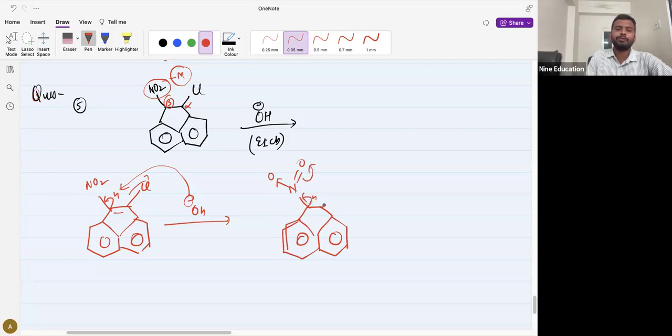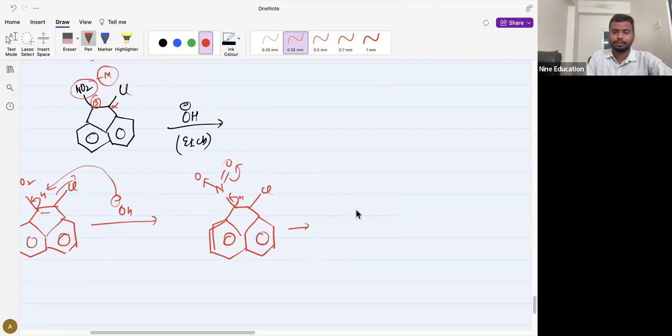This double bond will shift to oxygen. देखें. यहाँ पर ये ऑक्सीजन पे शिफ्ट हुआ, यहाँ पर डबल बॉन्ड बन गए, यहाँ पर Cl बन गया.